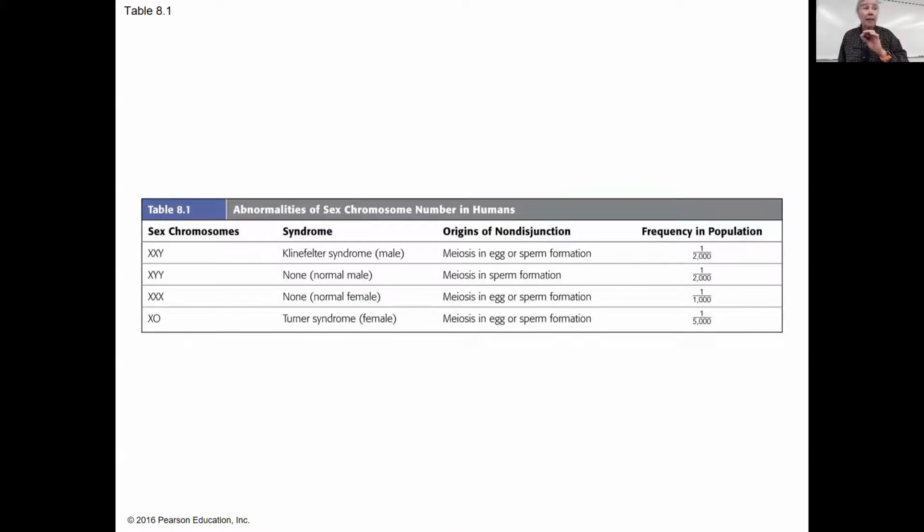And this is something that's not in the book, so you should write this down. Barr bodies, B-A-R-R, Barr bodies. Here's the thing: even though females have 2 X's, they only use one of them.